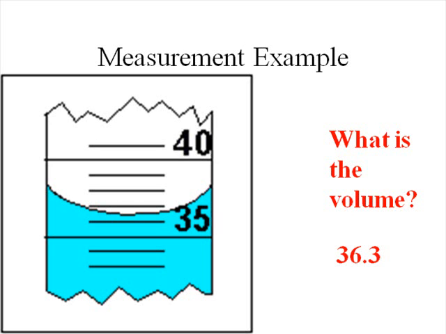So if you count the small lines, it's 35, 36, 37, 38, 39, right, 40 is where it gets you. Now what we do is we estimate the last value. And so what we come up with is 36.3. That is the limit of the instrument that we use.